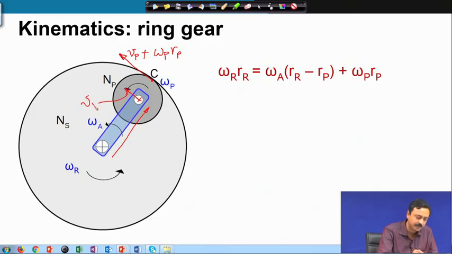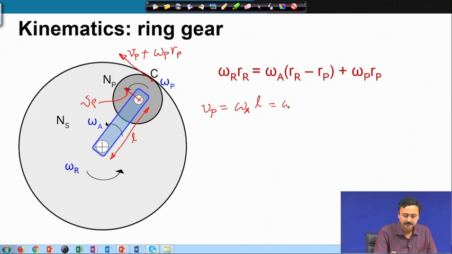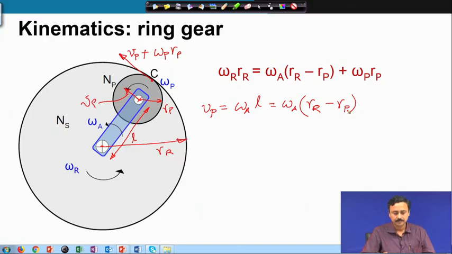Now, this is the velocity of the planet. So, this vector is V p. If I call this length L, V p is equal to omega arm times this length L. Now, this length L can be written as the radius of the ring gear minus the radius of the planet gear, and that has been substituted here.